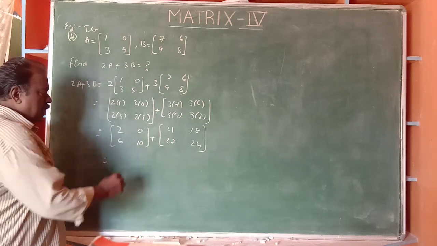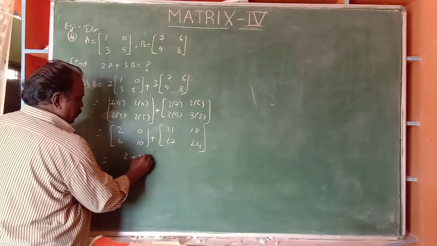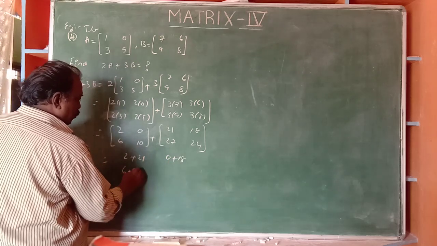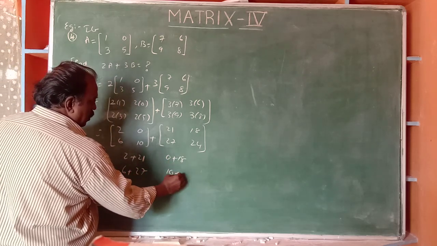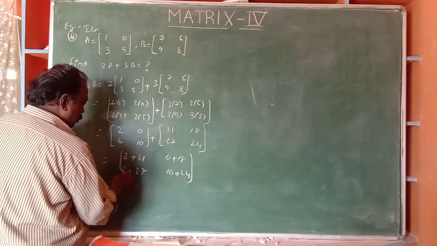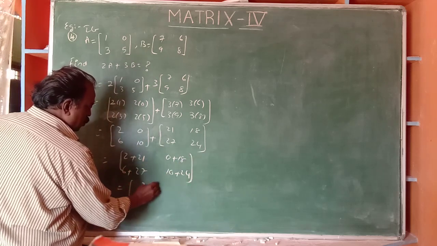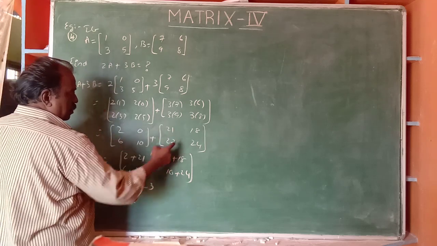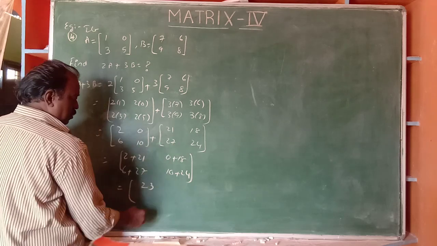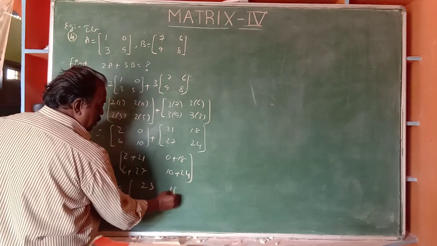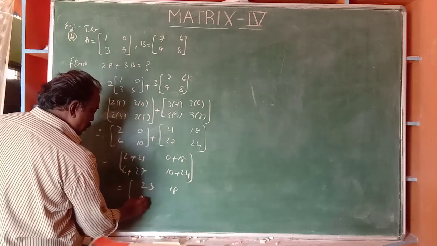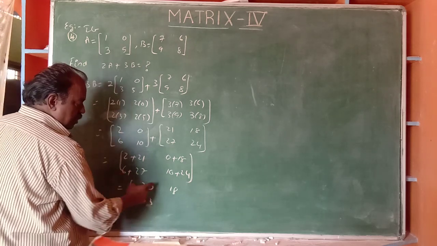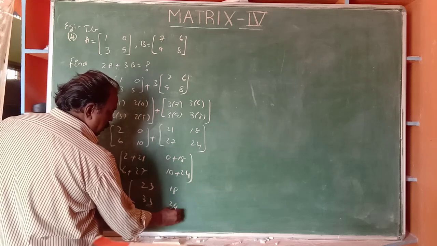Now you make the addition. It is 2 plus 21, 0 plus 18, 6 plus 27, 10 plus 24. It is 23. Okay, na? Corresponding elements are added together. Here it is 18, here it is 33, and it is 34.